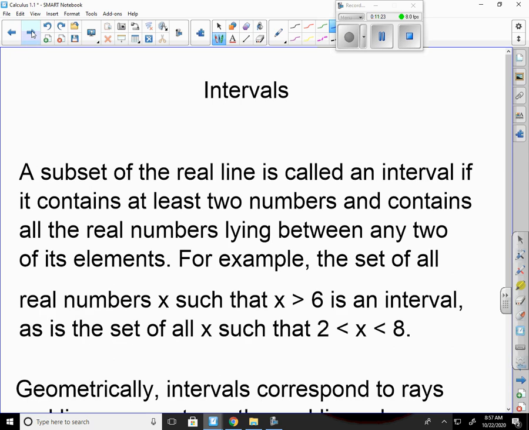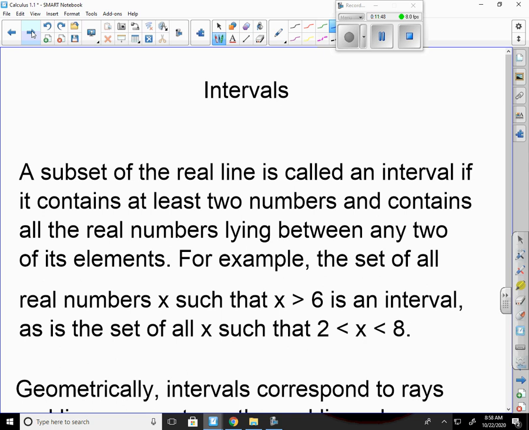Intervals. A subset of the real line is called an interval if it contains at least two numbers and contains all the real numbers lying between any two of its elements. For example, the set of all real numbers x such that x is greater than 6 is an interval because it starts with 6 and it's every number that's greater than that.